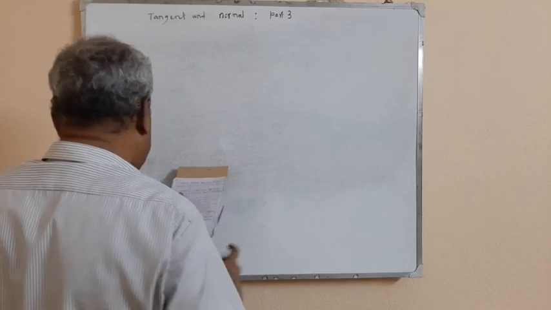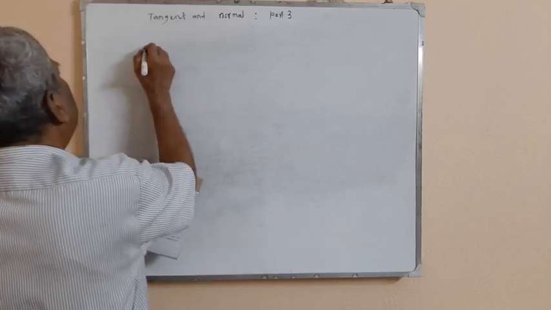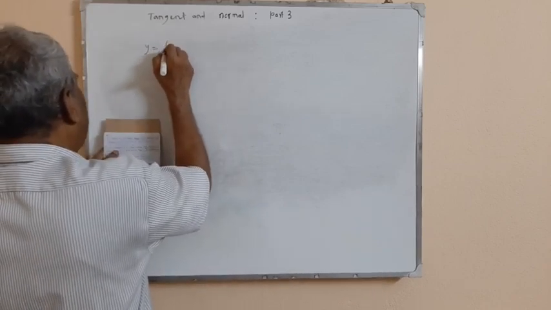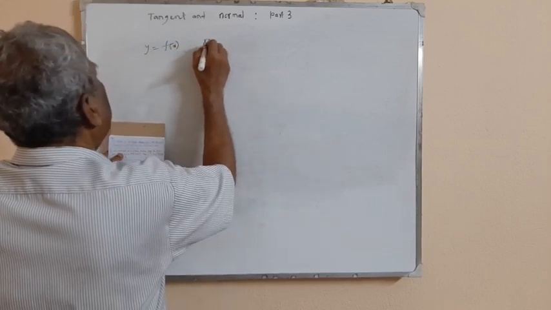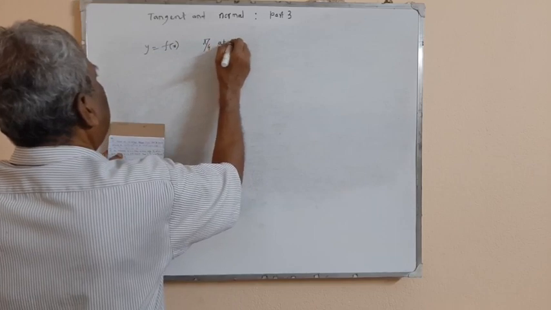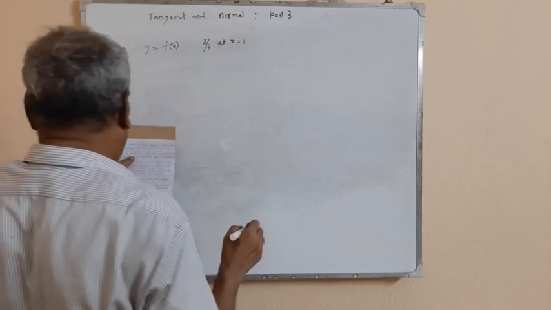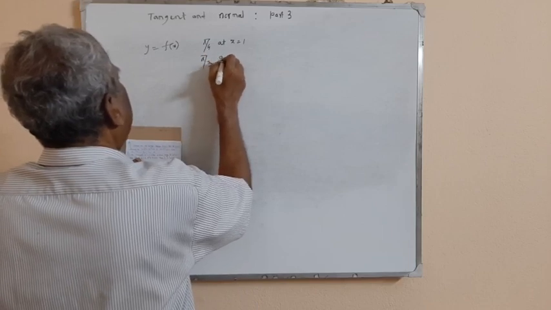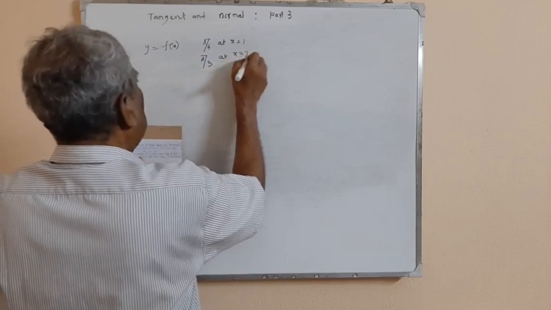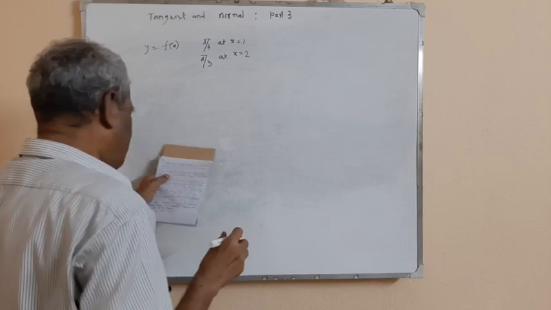Next problem: the tangent of y equal to f(x) makes angle pi by 4 at x is equal to 1 and pi by 3 at x is equal to 2 with the x-axis.